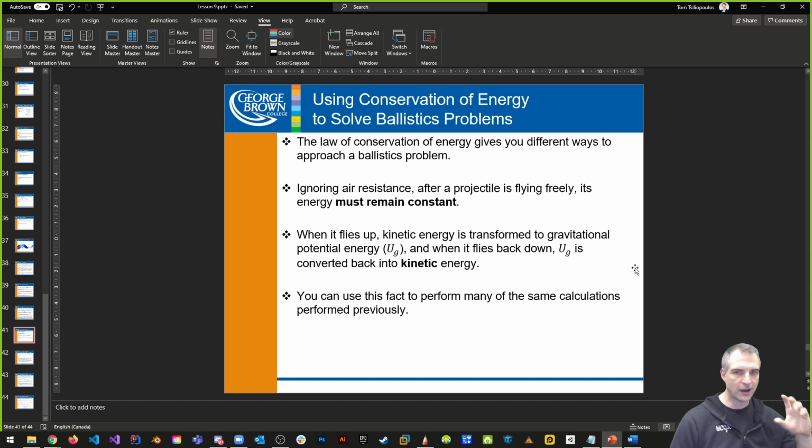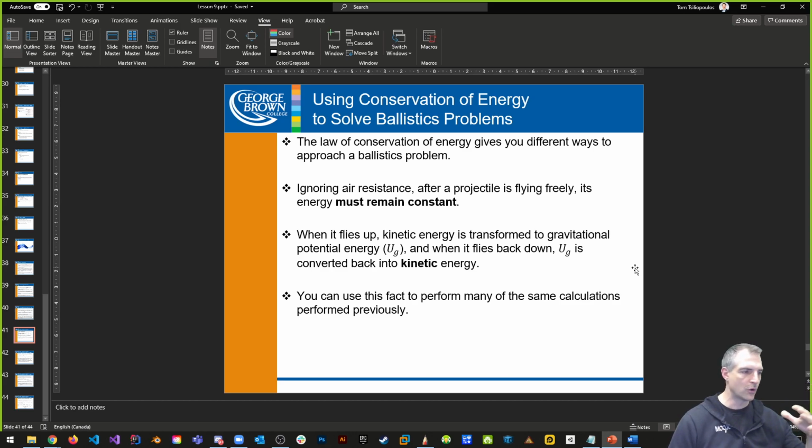Okay, so how do we use our conservation of energy to solve ballistics problems, which is what we want to talk about today, this idea of particle motion, if you will. So again, think about what I'm trying to do. If I have a projectile flying freely, then the energy must remain constant.